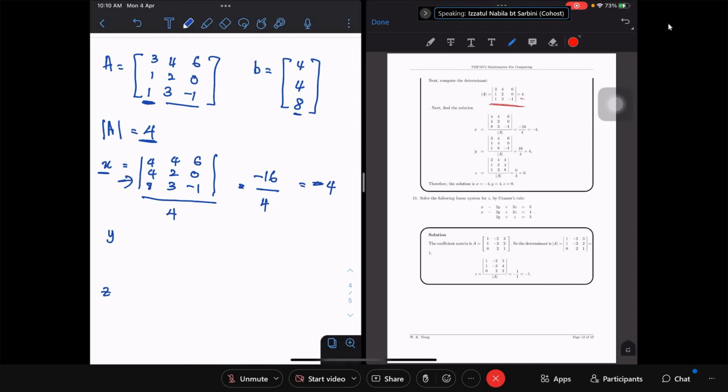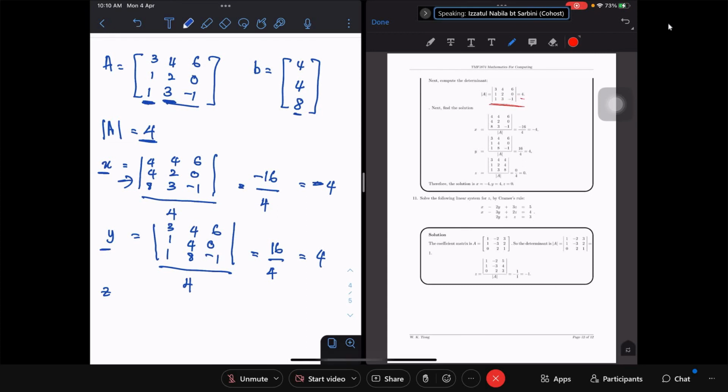For the second variable, you change the second column with matrix B: 4, 4, 8. The first column stays the same, 3, 1, 1, and the third column is 6, 0, -1. Then divide by the determinant of matrix A. You calculate the determinants, you will get 16 over 4. So Y is equal to 4.